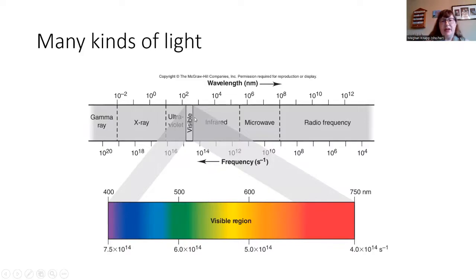You can see here that the visible light is spread out at the bottom, so you can see the range of colors. It's sort of a reverse rainbow, going from violet on the right to red on the left. We are able to see in this range. Most people have 3 different types of cells called cones that interpret the colors red, green, and blue.